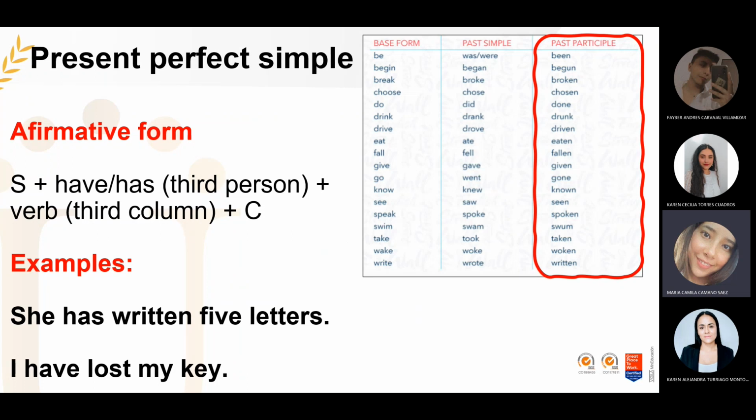The examples we have are: she has written 5 letters and I have lost my key. So this is one of the verbs that I was wondering about, and you have the answer here. But okay, let's continue with the class.